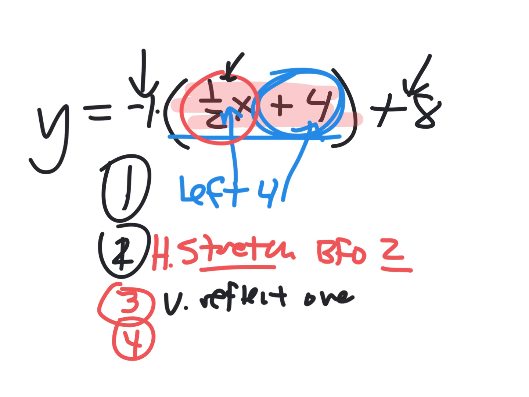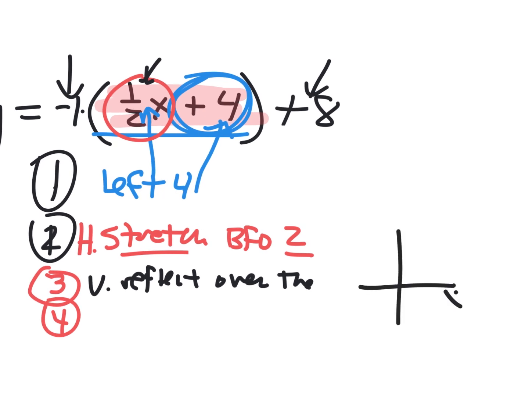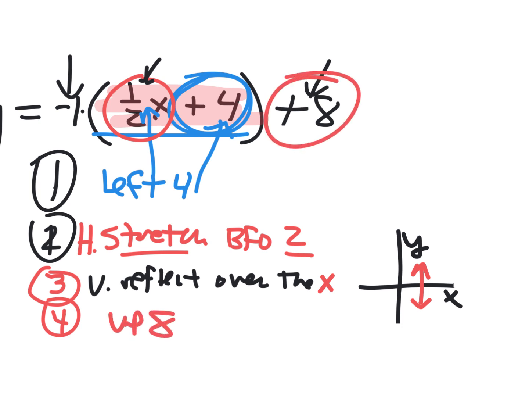If it's vertical, you've got to go like this. That's X, that's Y. Vertical's like this. It's going over the X-axis. All right, and last but not least is that, which is up 8. Did anybody hit all 4? Perfect. All right, that's less than half of you. I understand. Do you have any questions about why it was that way?